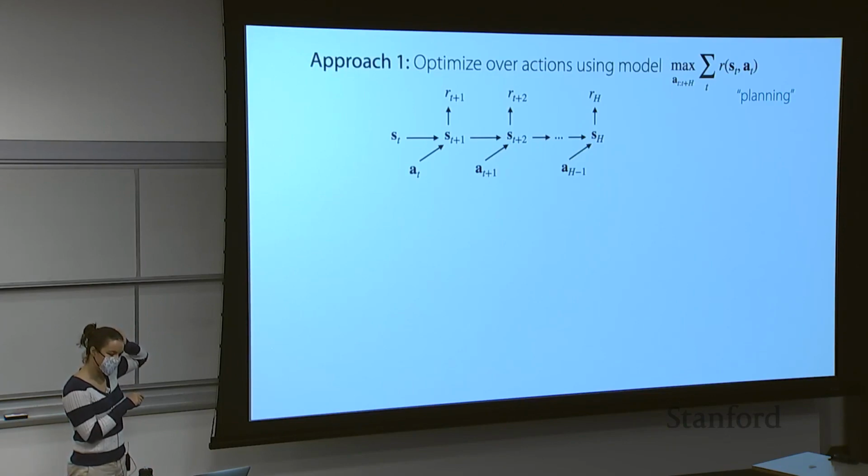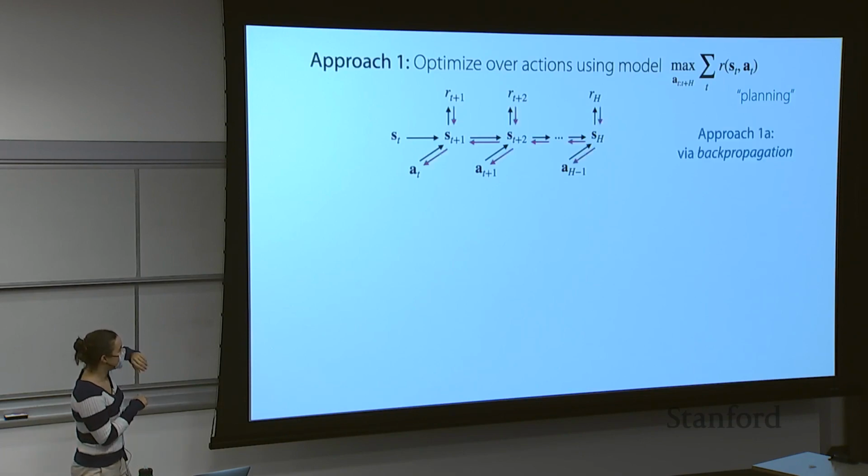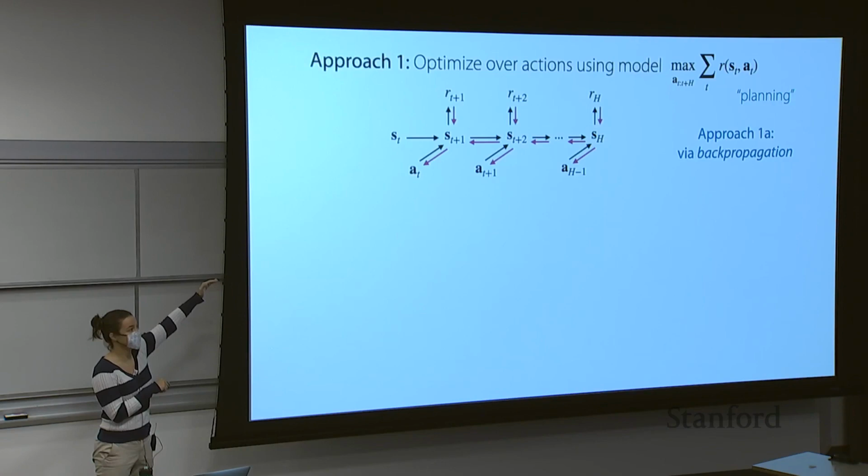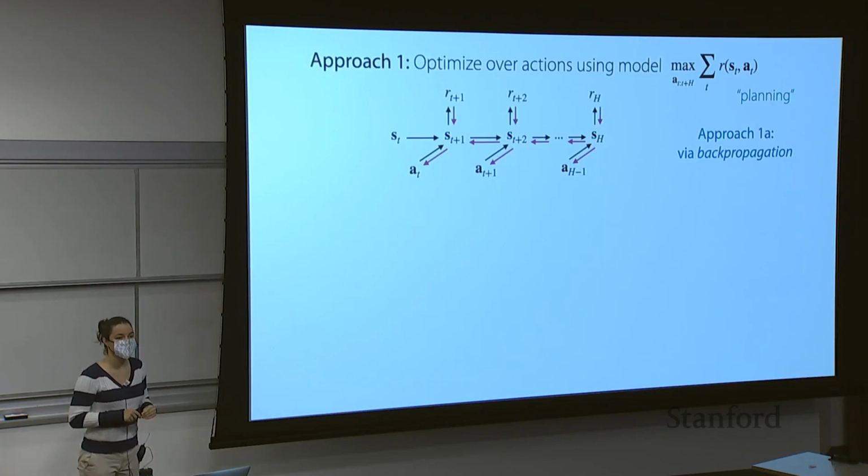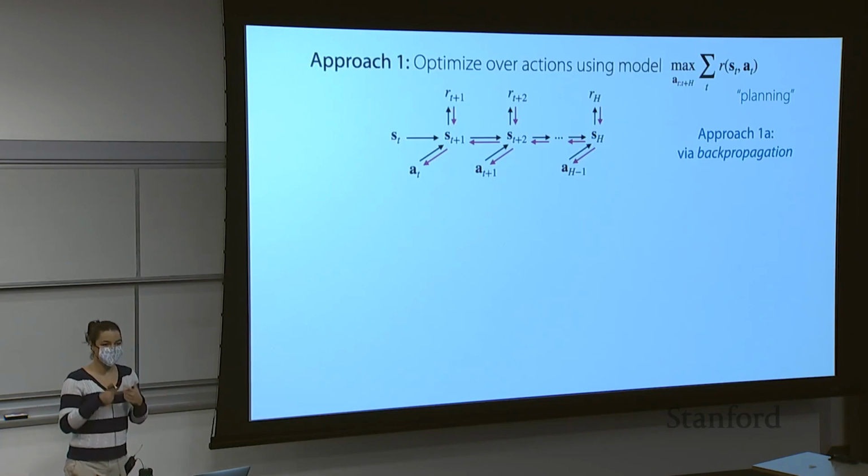And so if we want to optimize the actions that maximize rewards and we know our model, then we can essentially backpropagate from the rewards into the actions. And essentially run this computation graph, compute the gradients of the rewards with respect to the actions using your dynamics model. And so note here that we're going to be doing gradient descent, but instead of doing gradient descent on some parameters, we're going to be doing gradient descent on our actions.